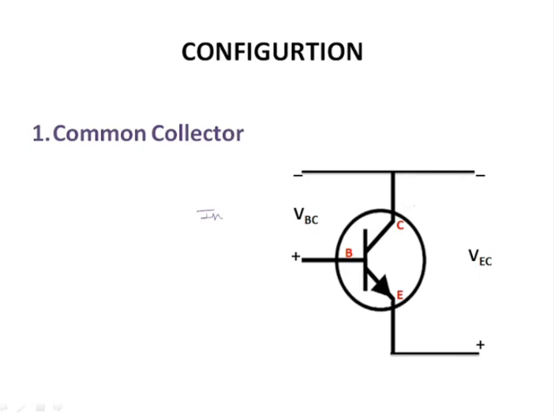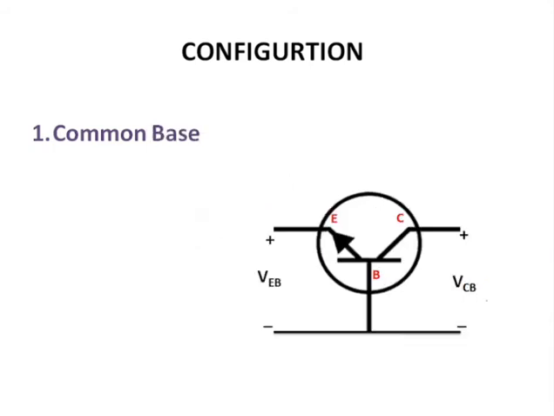So here this region is taken as input and this is output. Again, for common base, the base is common to emitter and collector both, and this portion is input and this is output. Hope you understand all the three types of configuration and the regions of operation of the BJT.